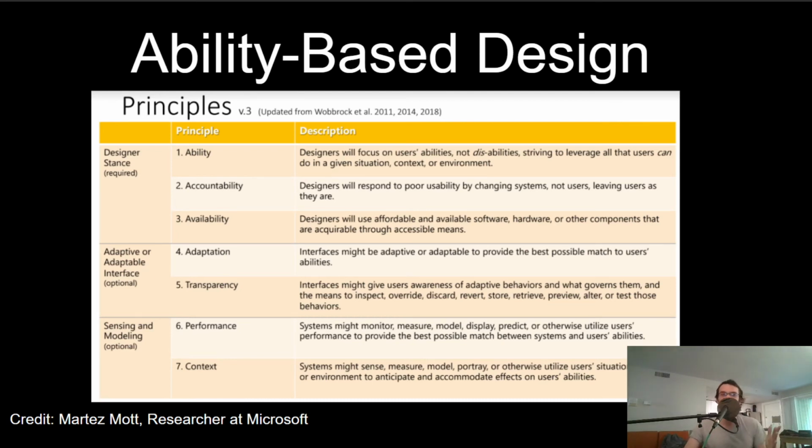And instead of just rattling off the principles, I'll mainly highlight the first and what I would consider the most important one, which is ability. Again, focus on what people can do rather than what they can't do. So this means, for example, if we were designing an interface for a museum that used Braille text, in an ability-based design paradigm, our brief wouldn't be, we want to make this text accessible to blind people, to people who can't see, which might be a more traditional brief.